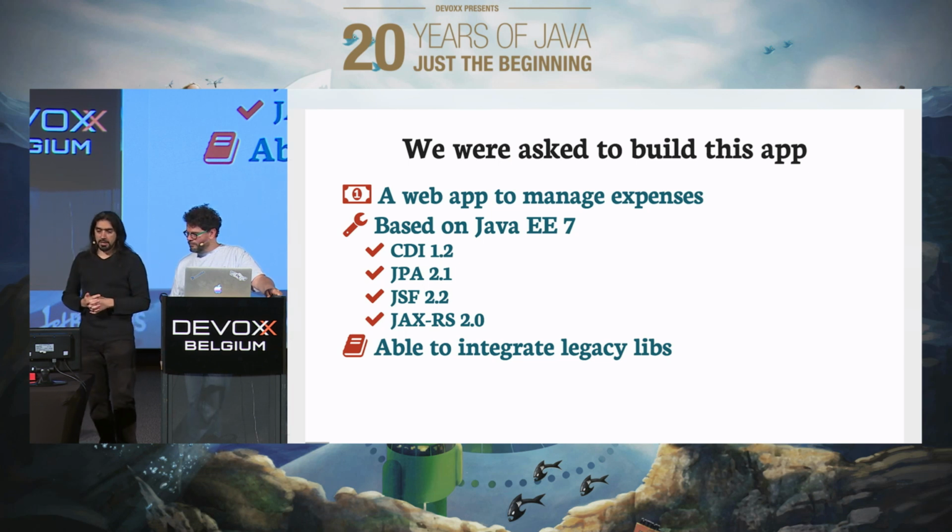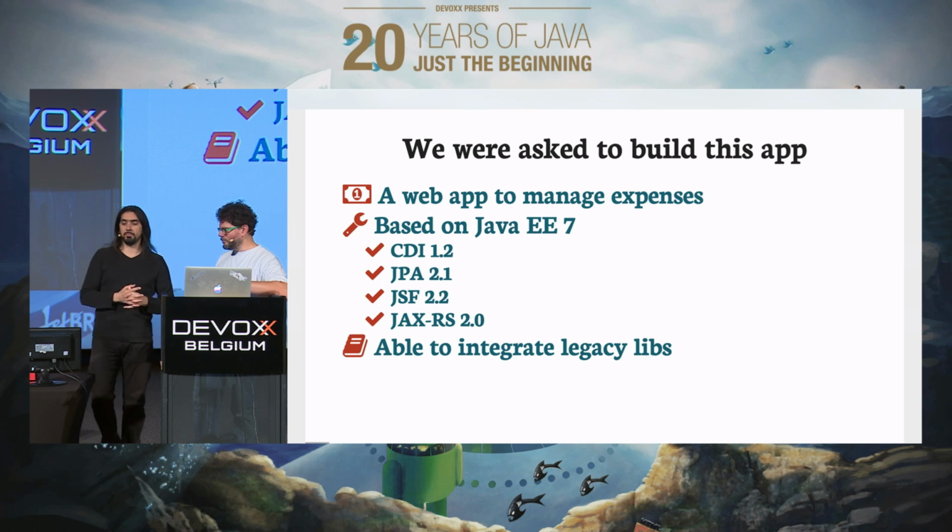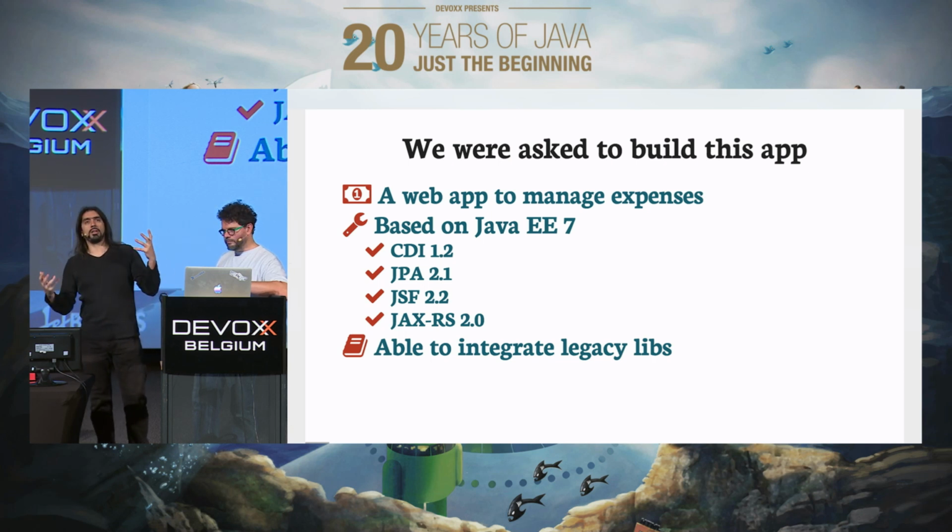So this application will be a Java EE 7 based application with CDI, JPA, JSF. We will also have a REST endpoint, and we'll integrate with code that doesn't belong to us. We will show you how to do that with CDI extensions.